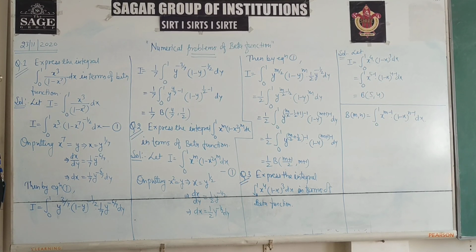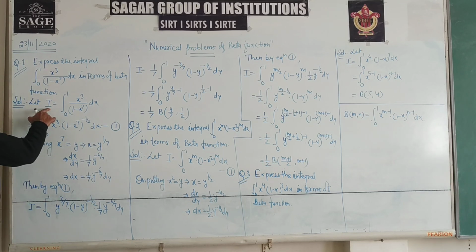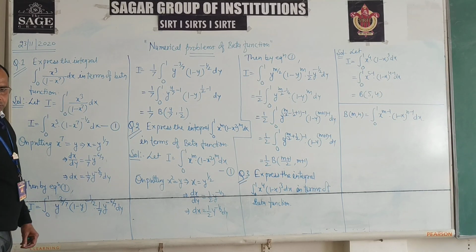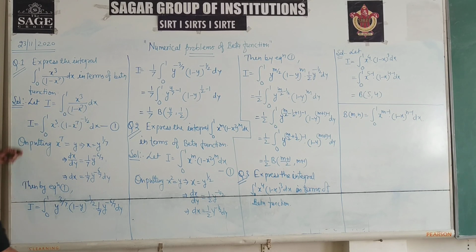First, since this integral is not represented by any notation, let I be equal to the integral from 0 to 1 of x to the power 3 upon 1 minus x to the power 7 into dx.